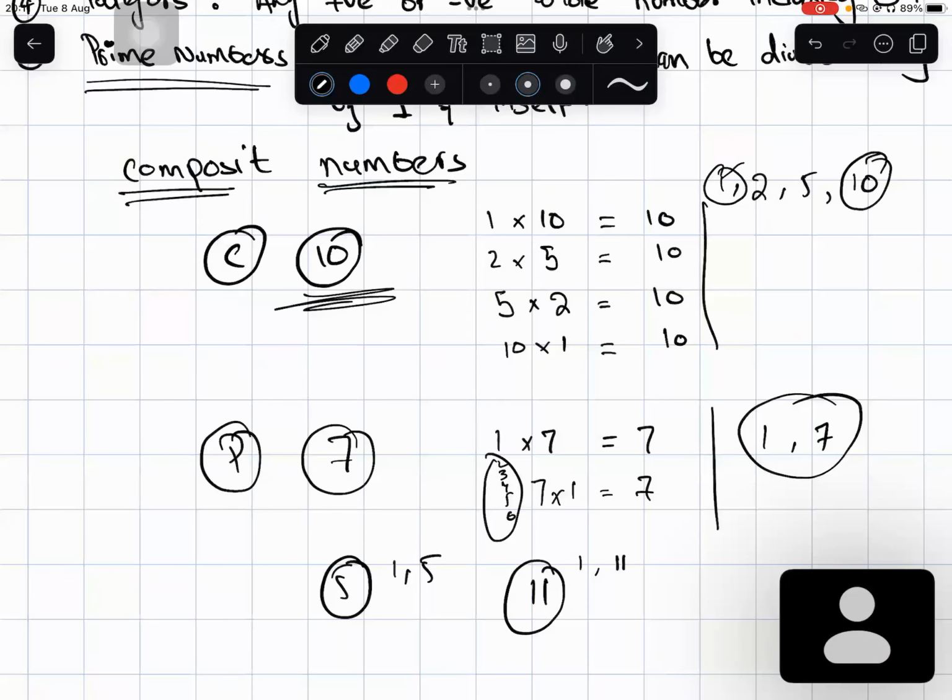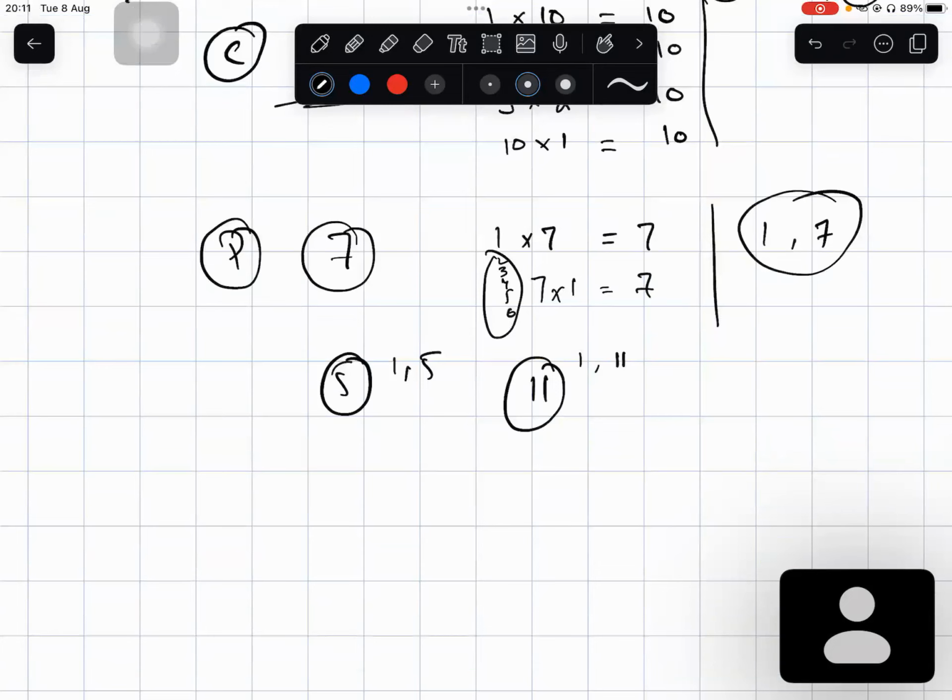Prime numbers will always have just 2 dividers, and one of them will always be 1, and the other one will always be the number itself. For example, let's take 23. 23 is also a prime number. Any number below 23 cannot divide 23 fully. There won't be a remainder of 0.